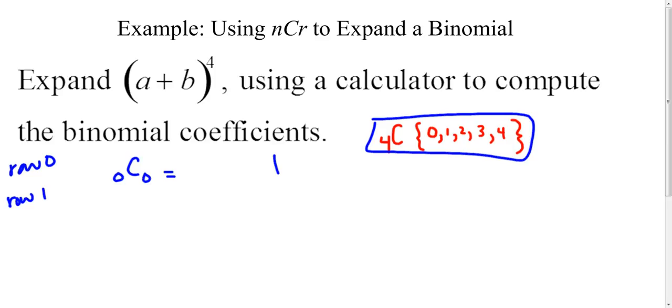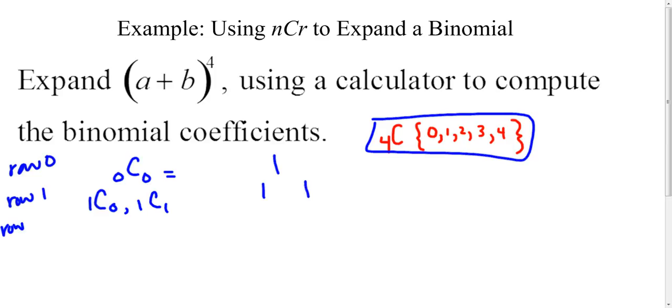This is what you're going to do. Since it's a row 1, you're going to start by choosing 0 objects first, and you can literally type that into your calculator and do 1C0, and I'll tell you you get 1. And then you're going to do 1C1, okay? When you type 1C1 into your calculator, you're also going to get 1.